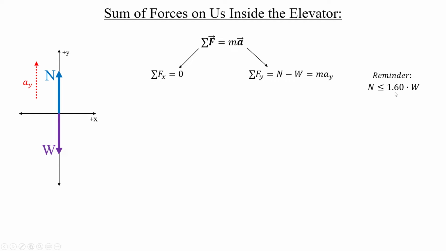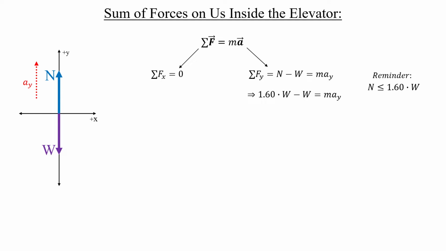And we said in the most extreme case, which would give us the largest acceleration and hence the largest maximum speed of the elevator, the normal force is equal to that value. So let's say N is equal to 1.60 times W and plug that in to the next line here.